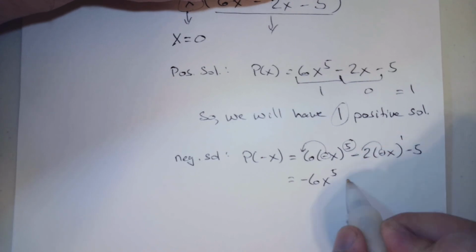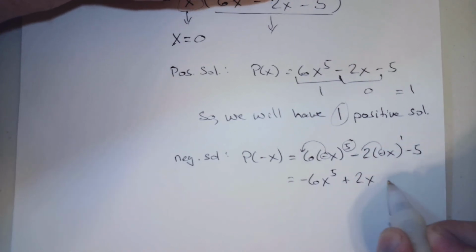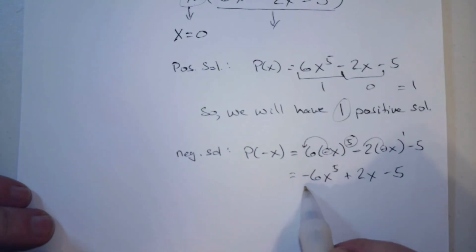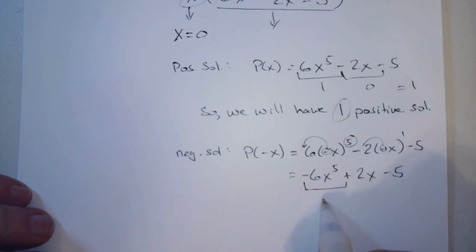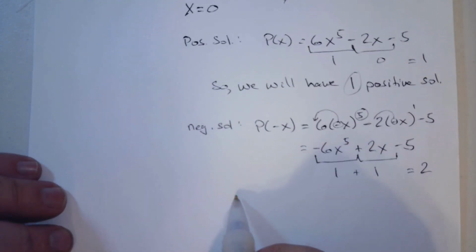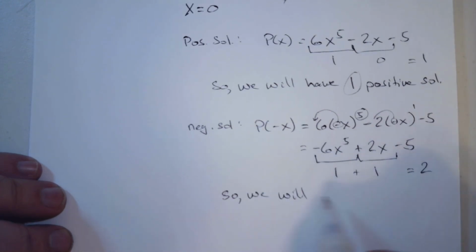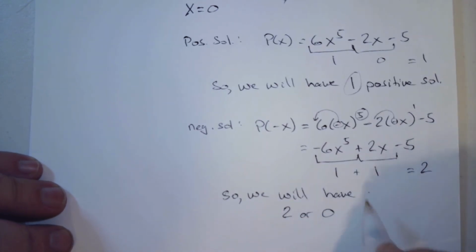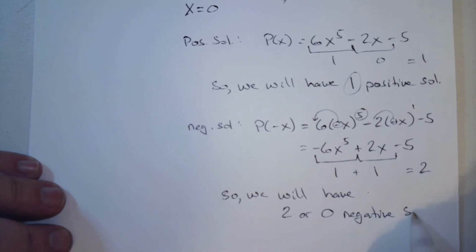That negative changes to a positive 2x minus 5. Negative to positive is one change, positive to negative is another, so we have 2 changes. We will have 2 or 0 negative solutions.